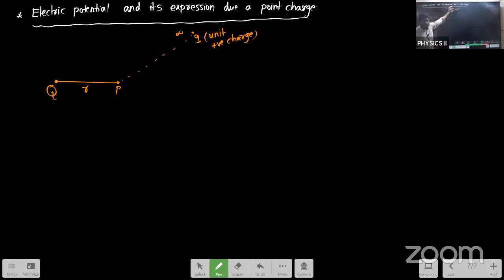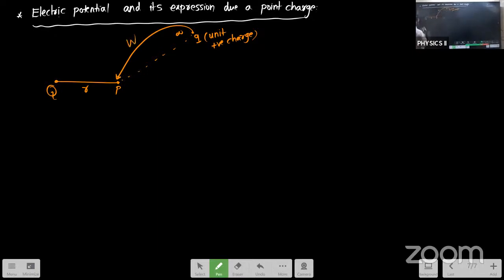I want to bring this charge to this particular position P. I am supposed to do some amount of work. So, in order to bring this charge from infinite distance to one particular point P, I am supposed to do work.